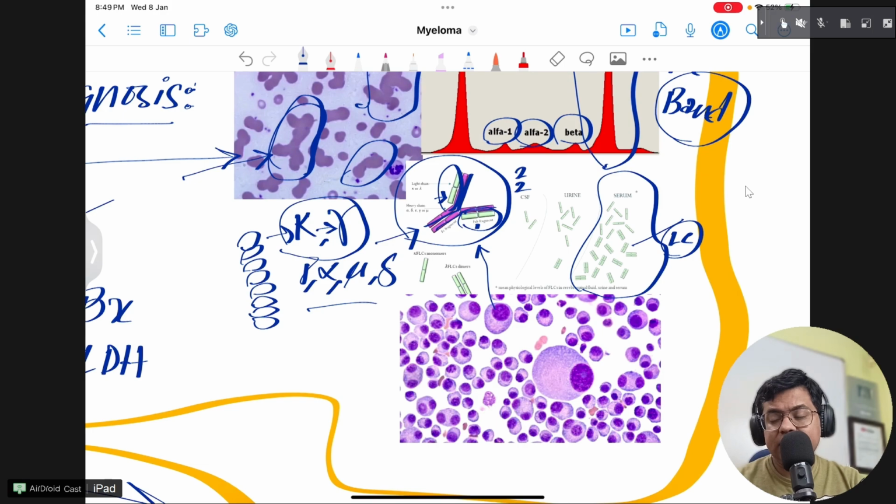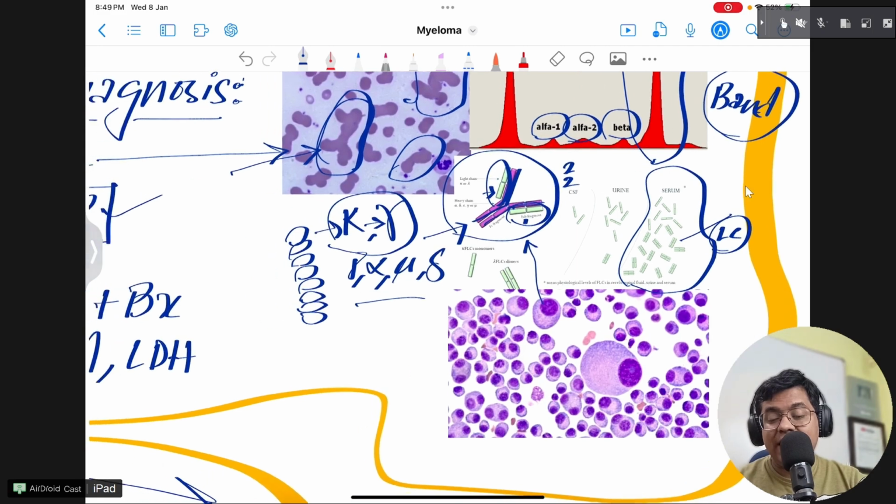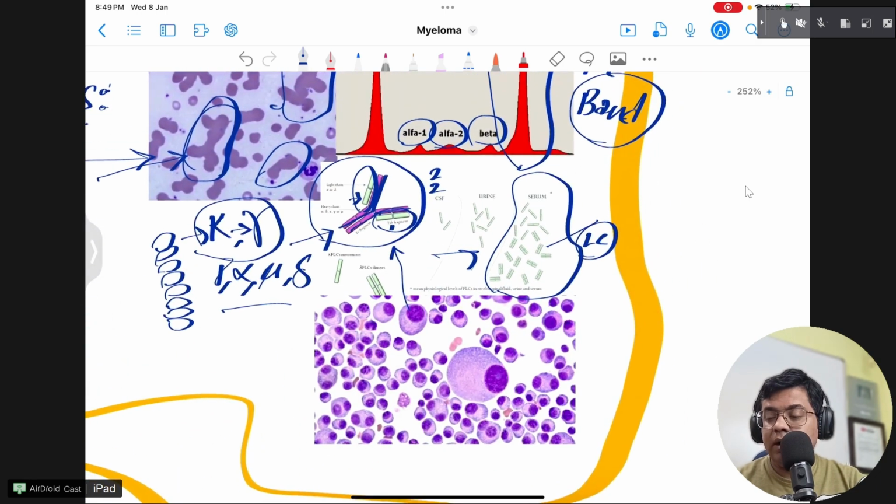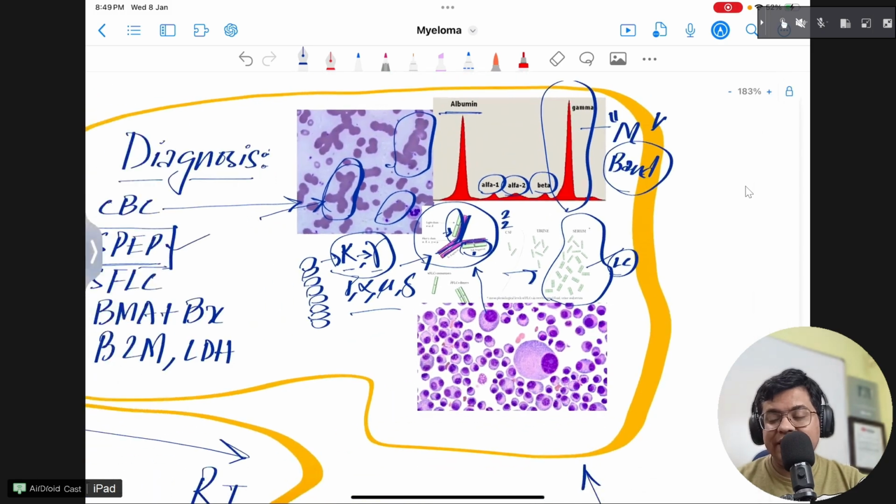But in case of plasma cell myeloma or multiple myeloma, there is excess production of a single type of light chain. That means there may be presence of either kappa in excess amount or lambda. So this is known as abnormal free light chain ratio. This is one of the important tests to diagnose a case of multiple myeloma. There will be excess amount of either kappa or lambda type of light chain.